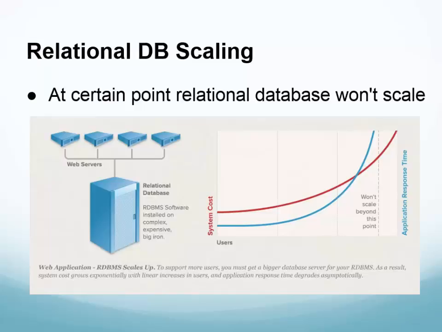So at one point, this is the number of users that are using it, and this is the system cost. Each time we go across the line, the system cost goes up: maintaining that single server, adding new hardware, scaling it up to a certain point, and similarly the response time of that server will also go up.